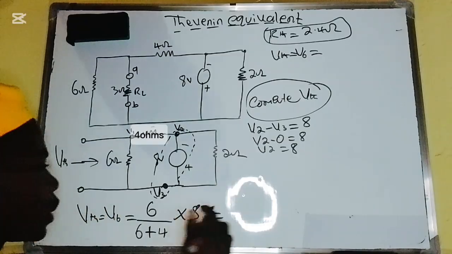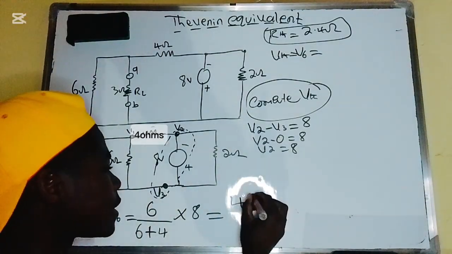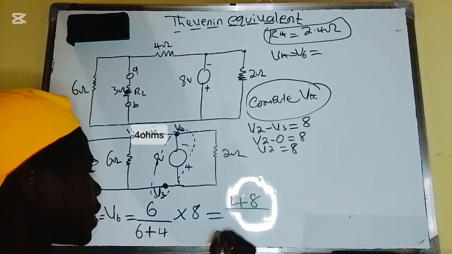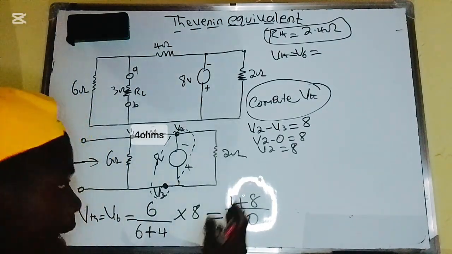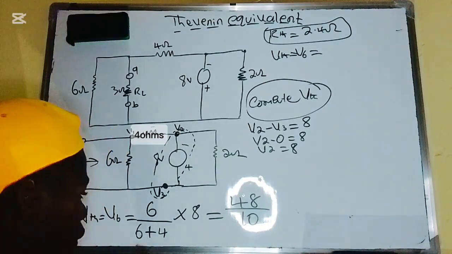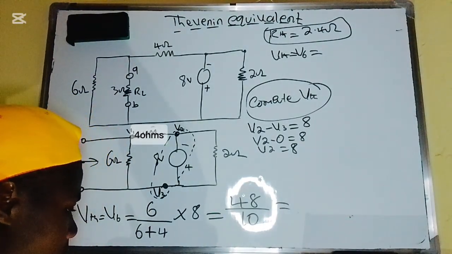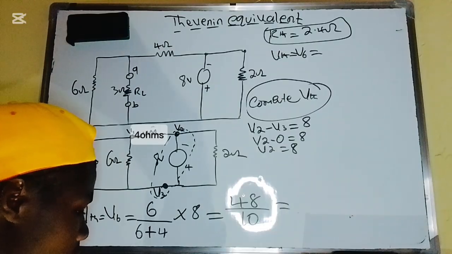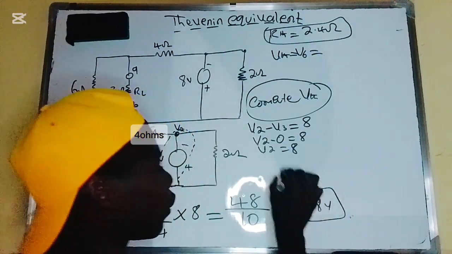So this should now be equal to 6 multiplied by 8, which gives 48. Divide by 6 plus 4, which is 10. So the answer is 48 divided by 10, which should now be equal to 4.8 voltage.